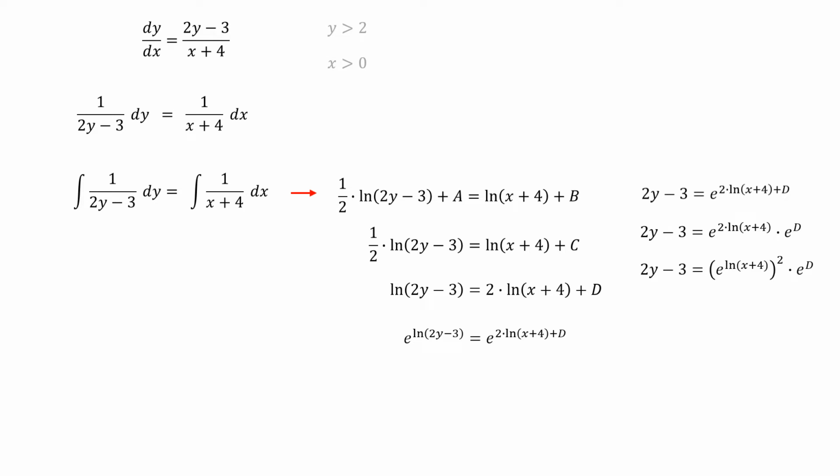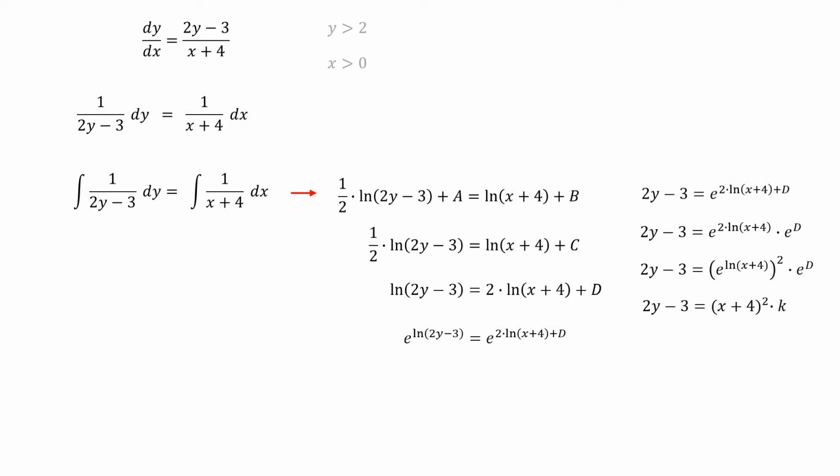And now I have reworked this in a way that e to the natural log of a number is always itself. I arbitrarily had originally chosen x to be greater than 0 just to ensure that x plus 4 is positive and not have to deal with the negative complications that would have arisen here. But the important thing is I've done some algebra and I've eliminated the natural logs completely.